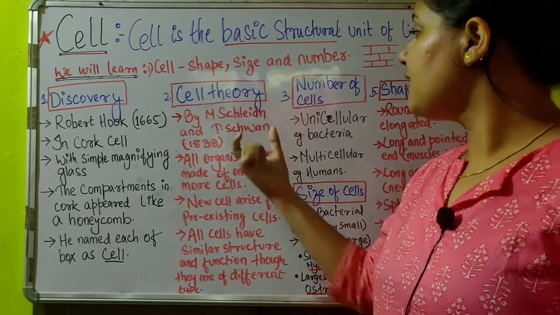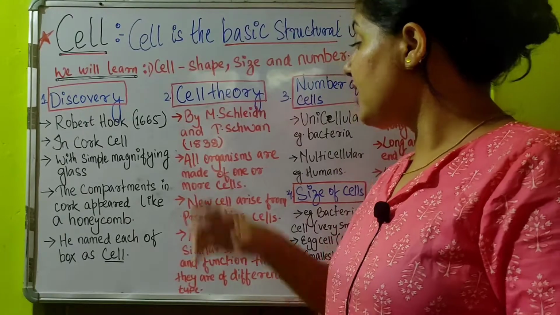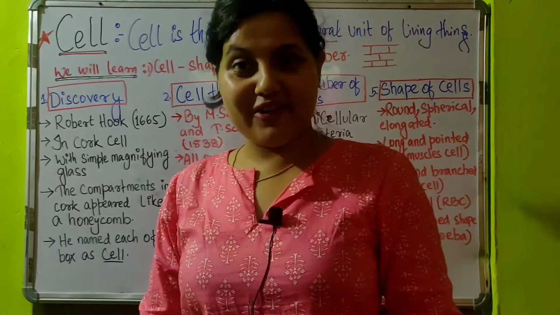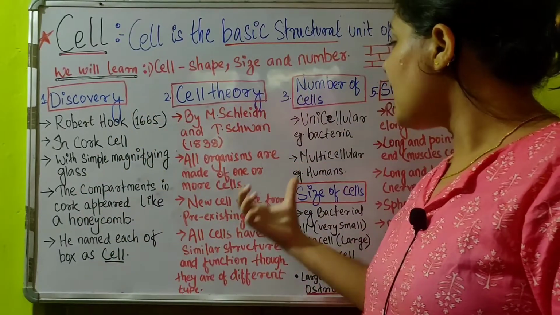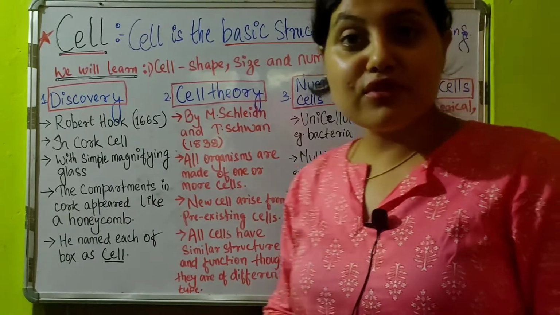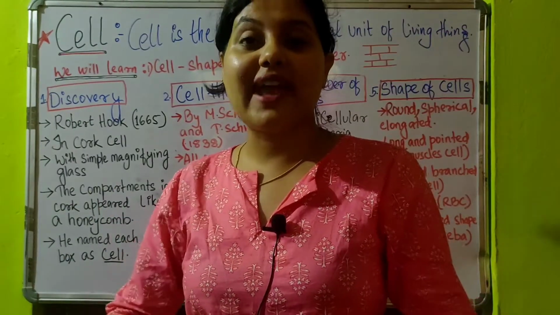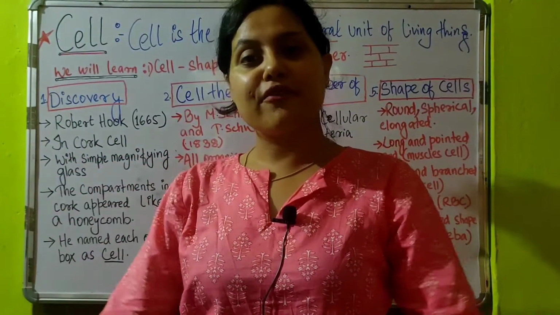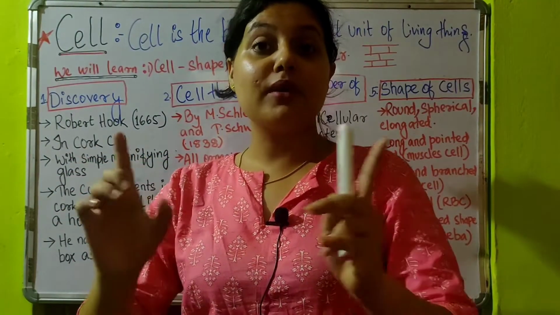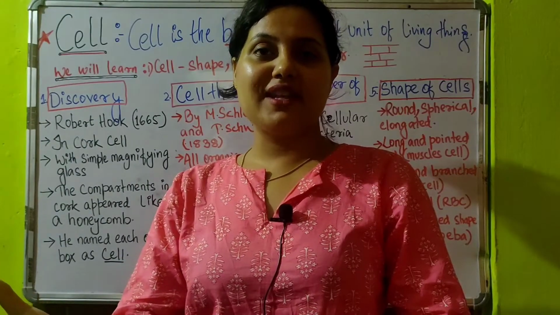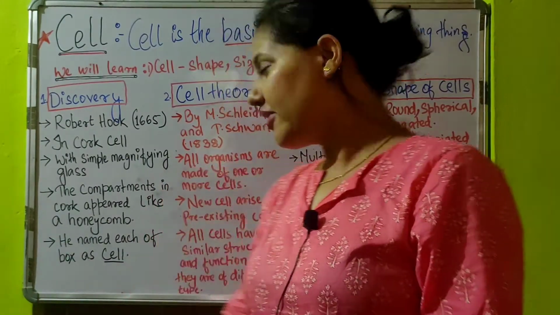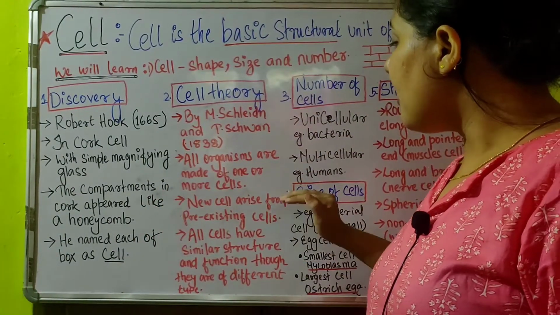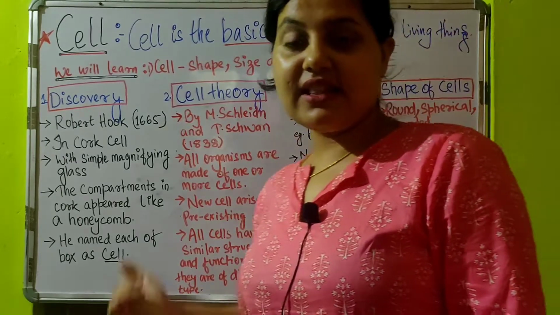Alright, now coming to the next part, that is the cell theory. Cell theory was given by Schleiden and Schwann in 1838. All organisms are made up of one or more cells. It states that all organisms are made up of one cell, or they can be made up of more than one cell. But no matter what, all the living organisms are made up of cells. Now, new cells arise from pre-existing cells.